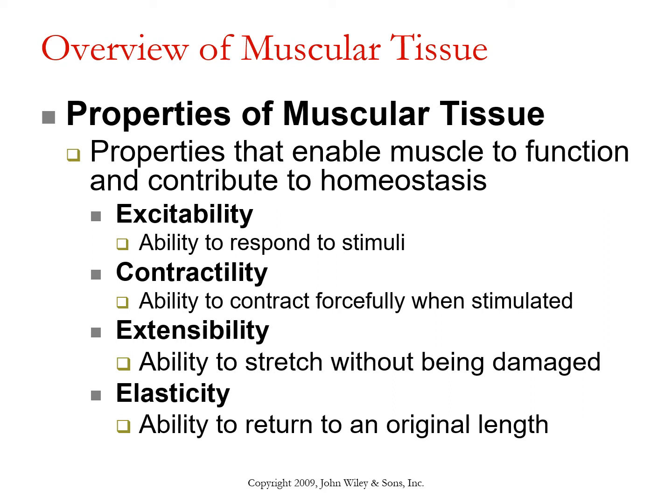Okay, that's extensibility. Think of how your bladder can hold up to 800 milliliters of urine. And if you really hold it or force it, over a liter. That requires a lot of stretching or extensibility of those organs containing this muscular tissue.